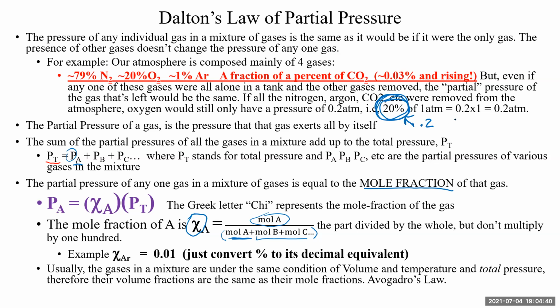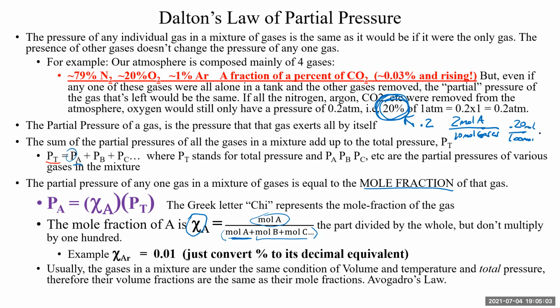In other words, a percentage is the same thing as saying 2 moles of A out of every 10 moles of gases, including A. 20% is 2 out of 10, or it's 20 out of 100 moles.